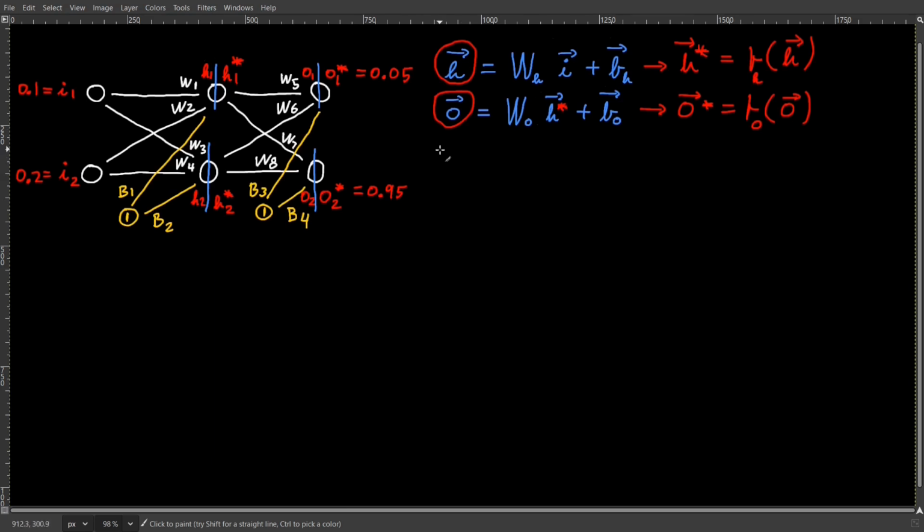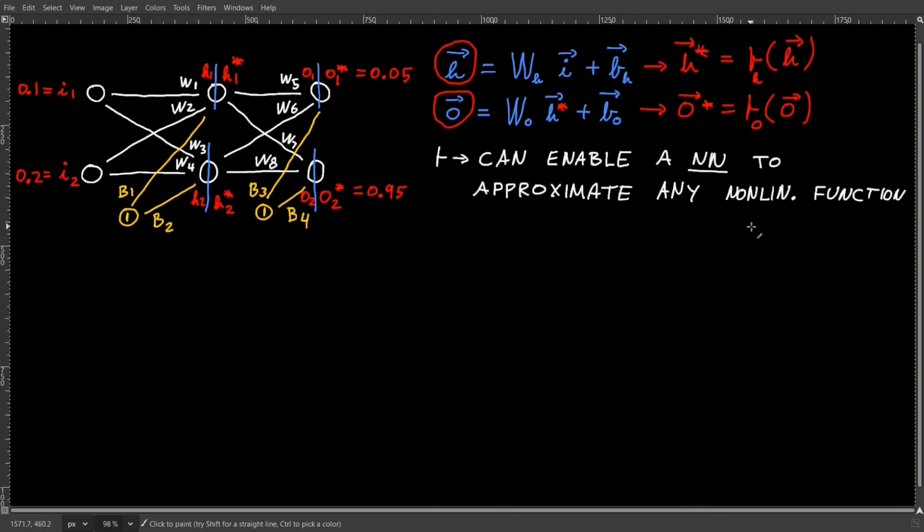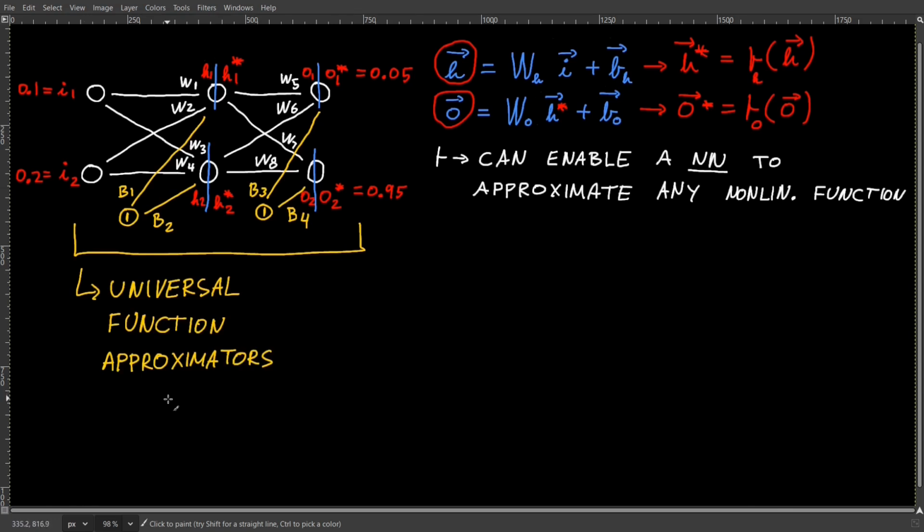The answer is that it should be a function that can enable a neural network to approximate any nonlinear function. Ultimately, we want neural networks to be universal function approximators. No matter the relationship between the input and the output, we want the network to be able to approximate it.